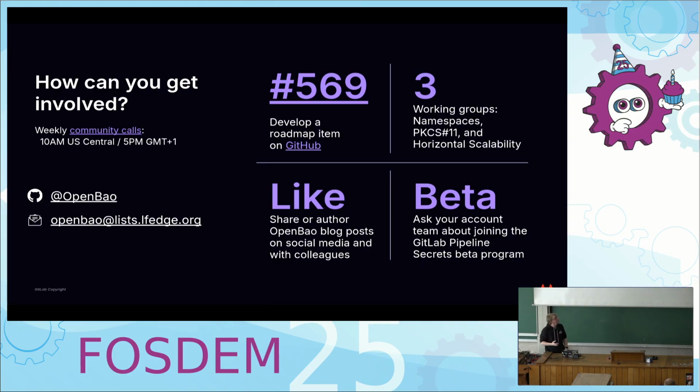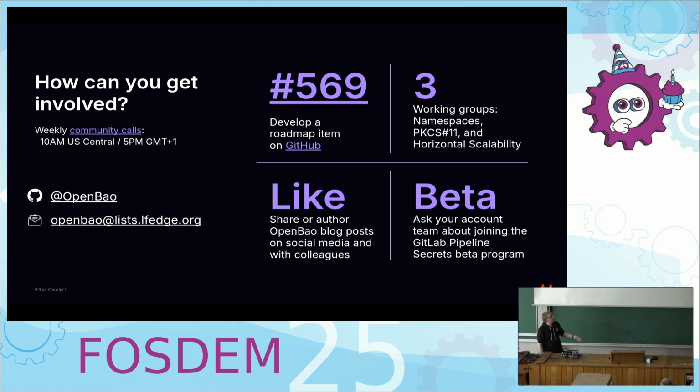So at GitLab, we're really excited about working on OpenBao. If you are too, we welcome all contributors of any sort. We have our community calls linked online. We have a roadmap vision for where we want to take the project as a community.